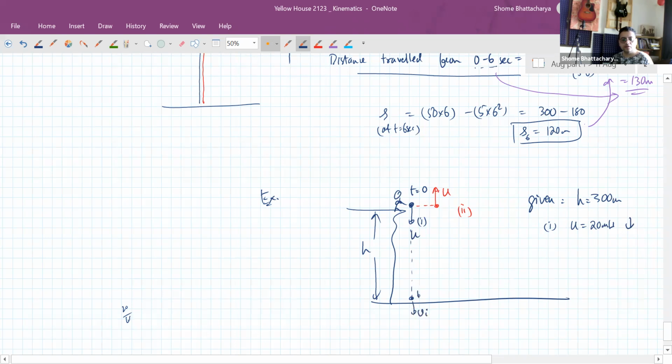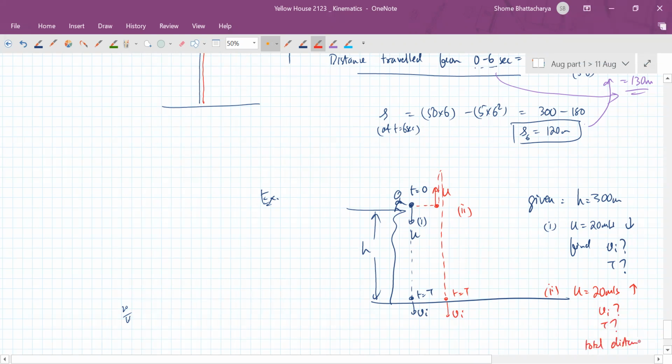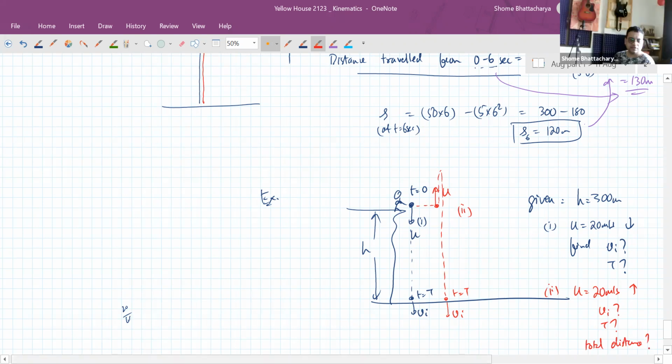We have to find the impact speed and time. In case 2, we are giving it again 20 meters per second, but upwards. So again, it's going to hit the ground. We also want to calculate the total distance. Take G as 10. Just try out this question.